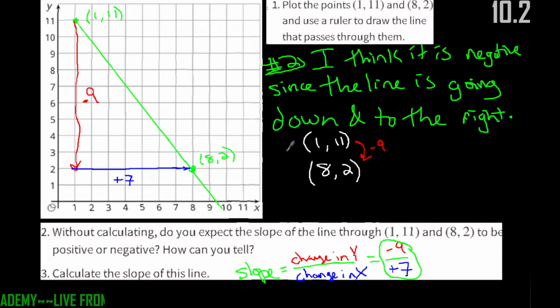And my change in x is going to be plus 7 because 1 plus 7 is 8. So if you want to write it as an ordered pair and see your change almost like you're using a table, that's fine. Or if you want to use the triangle method, either way works as long as you are calculating it carefully. Again, feel free to choose one of those two, stick with it, and ask questions as you need.